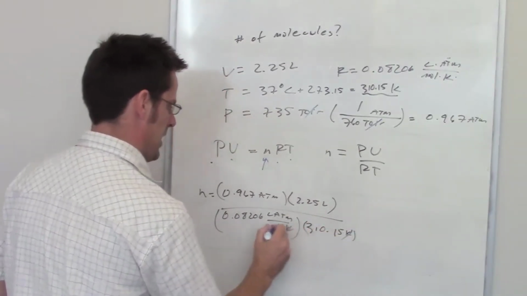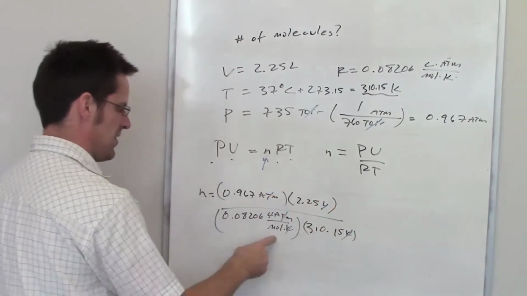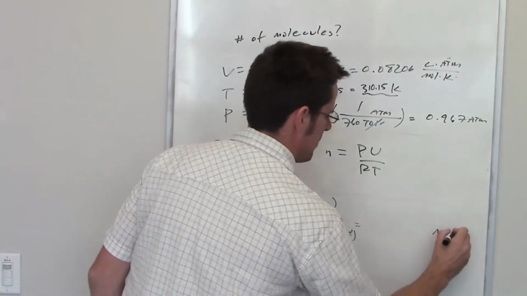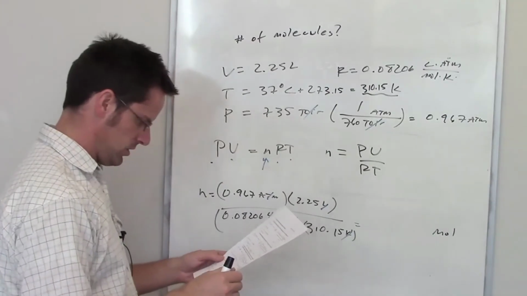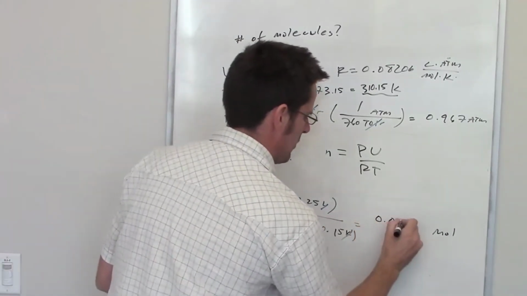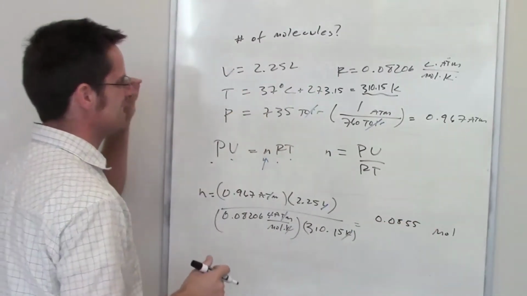Kelvins cancel each other out, liters cancel each other out, atmospheres cancel each other out. I'm left with moles in the denominator of the denominator, which means it's in the numerator, so that should be a number of moles. I did this calculation earlier, and I determined that n equals 0.0855 moles.